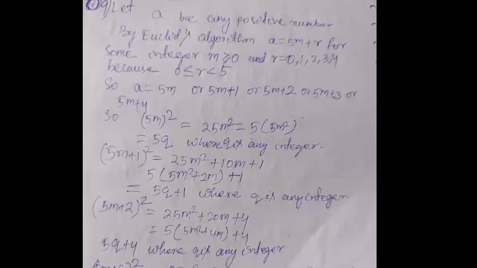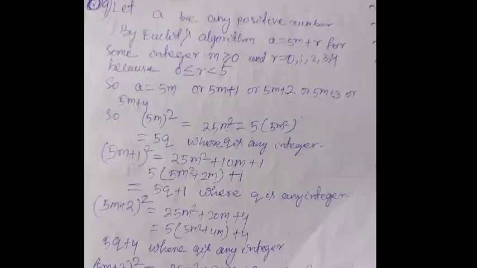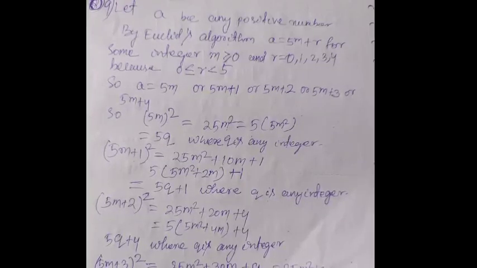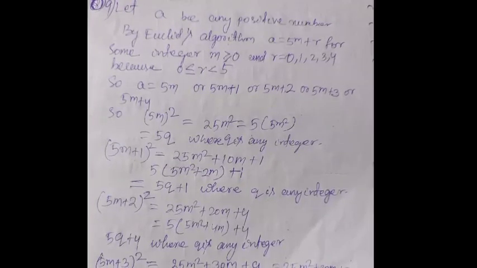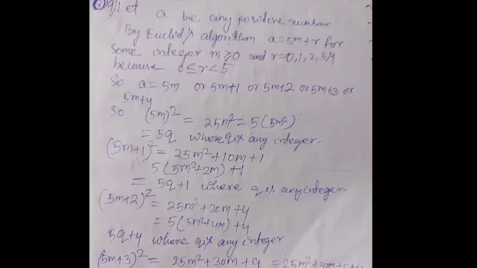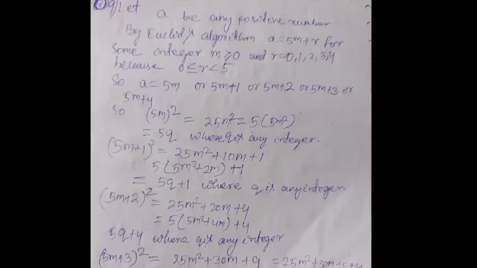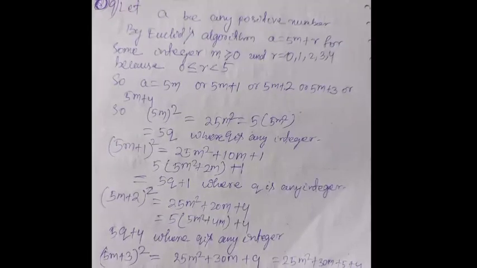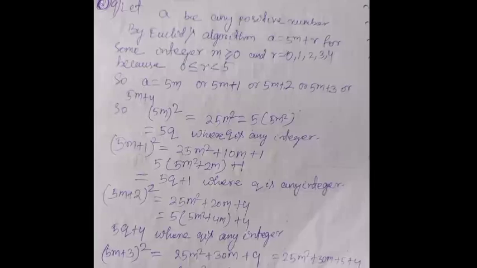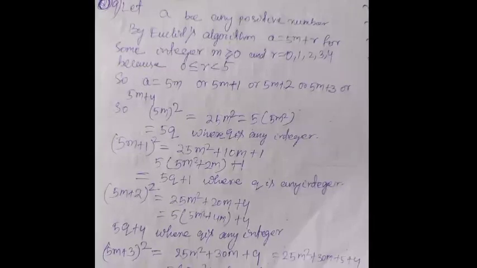So (5m)² equal to 25m², equal to 5 times 5m² after taking common 5. It is in the form of 5q, where q is any integer. Then (5m+1)² equal to 25m² + 10m + 1. After taking 5 common, 5(5m² + 2m) + 1.